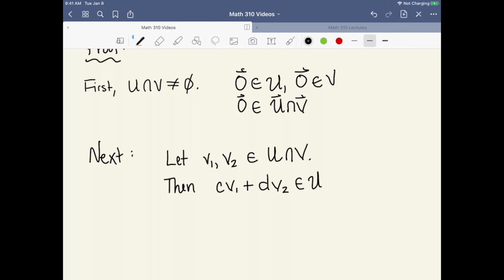And this same linear combination belongs to V because V is closed under these operations. And so that simply means that CV1 plus DV2 is also in U intersect V. Therefore, U intersect V is a subspace by the subspace check, and that's all there is to it.